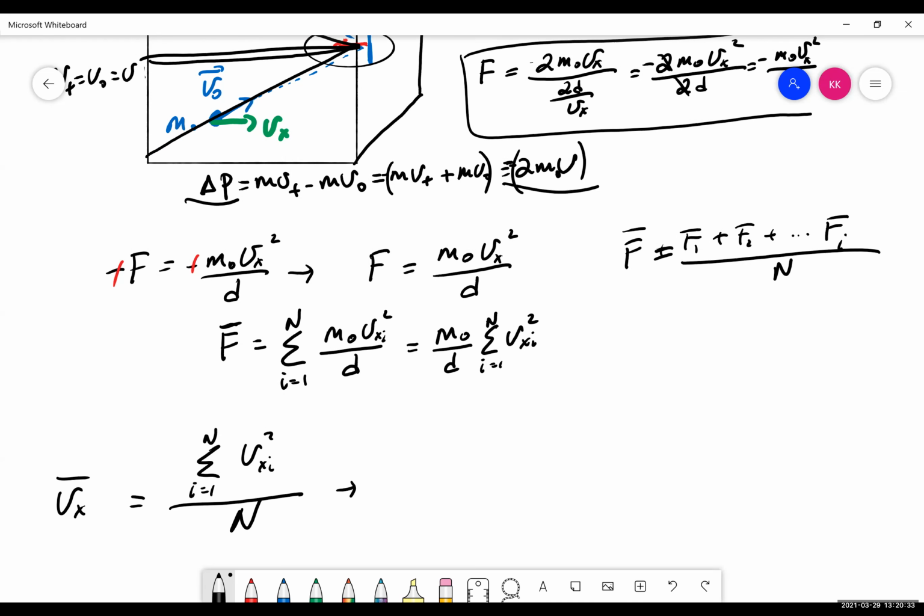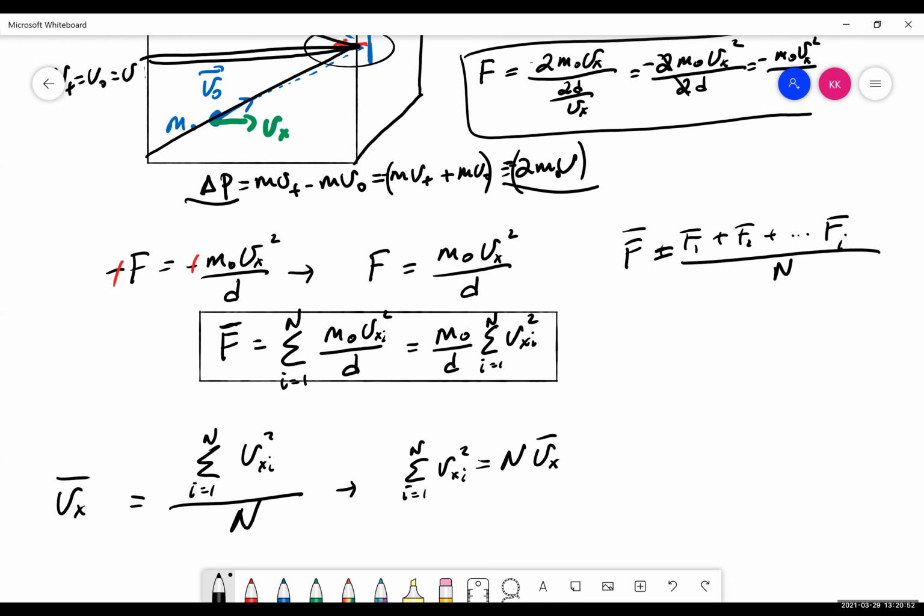If I cross multiply both sides by n, then the sum from i equals 1 to n of vxi squared is the same as n times vx squared. They are equivalent. So when I go to my equation for the force, I'm going to replace this term with that.